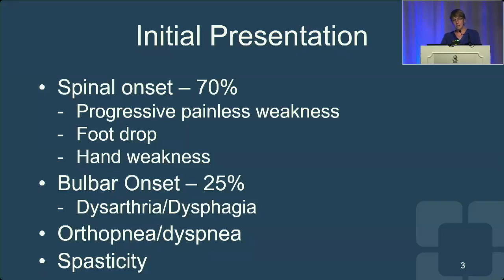About 25% of patients who are first developing ALS-related symptoms will start with bulbar onset, so their dysarthria and dysphagia as their primary symptoms. There are some patients who come in with mostly spasticity, patients who come in with mostly shortness of breath, but those are relatively rare. We do see them, but not very often.